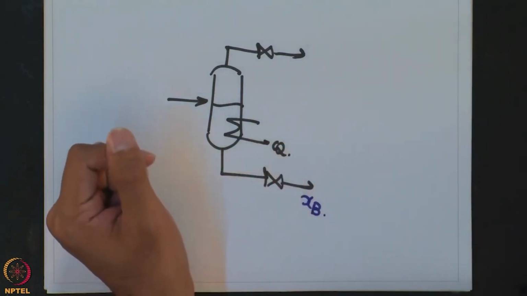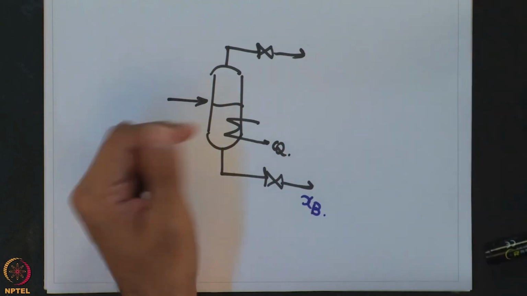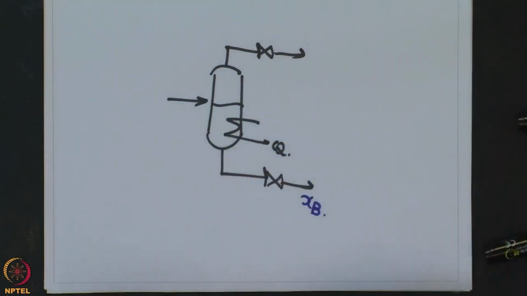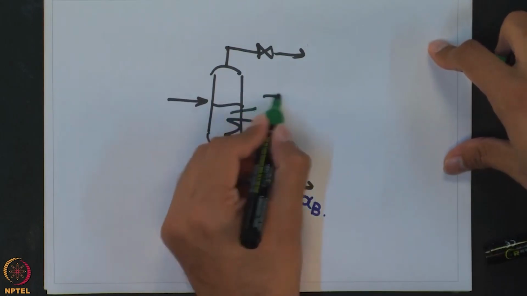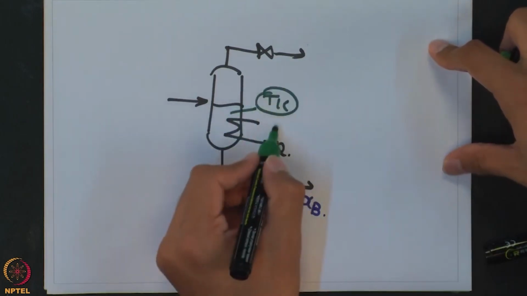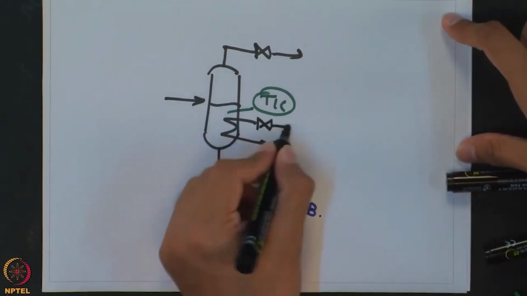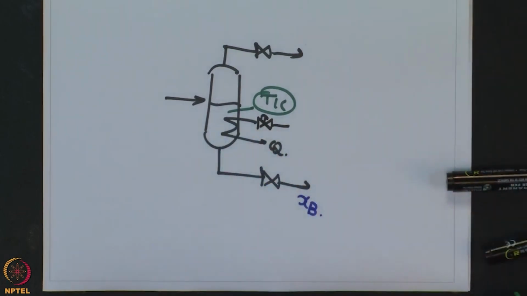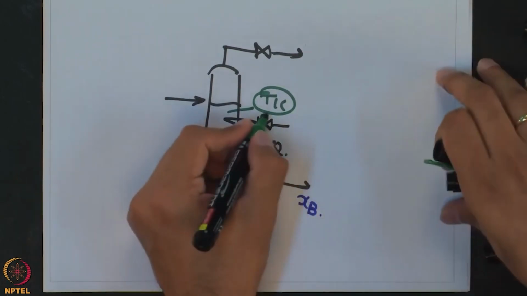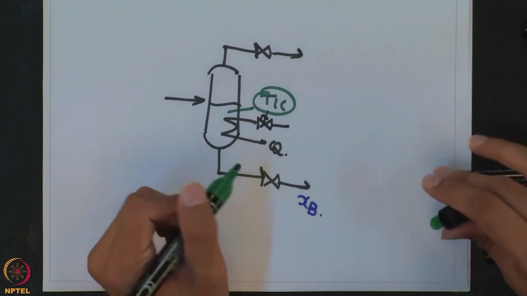What we would have is a primary temperature controller which is going to manipulate the amount of heating or steam which goes into this particular vessel.